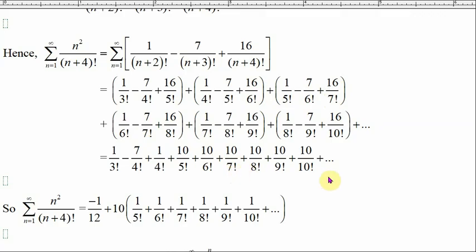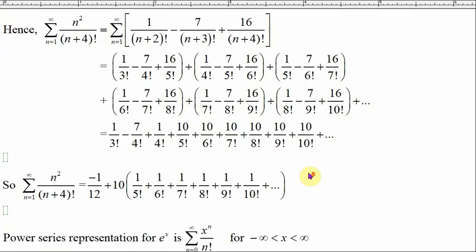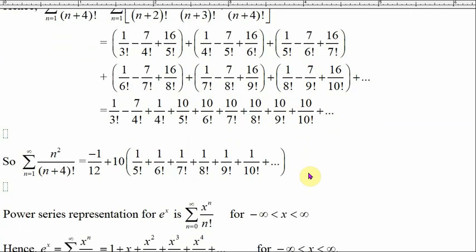And then the rest of it is just 10 over 8 factorial, 10 over 9 factorial, and so on. The first 3 terms here give negative 1 over 12, and then the rest of it we can rewrite as 10 times all of this.